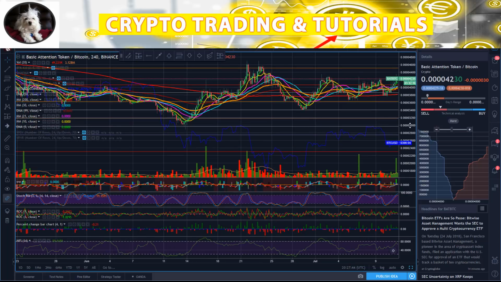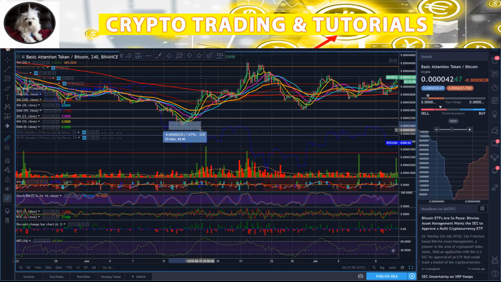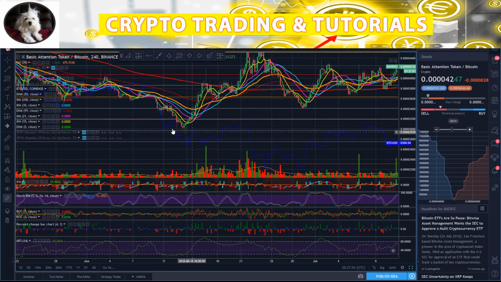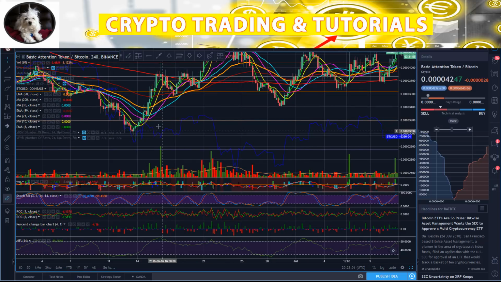One of my reasons for entering the trade was a value channel supply and demand zone. So here's a value channel supply and demand zone, and this is where we're going to go back in historical data and make ourselves look smart, obviously. But I did enter a trade here.